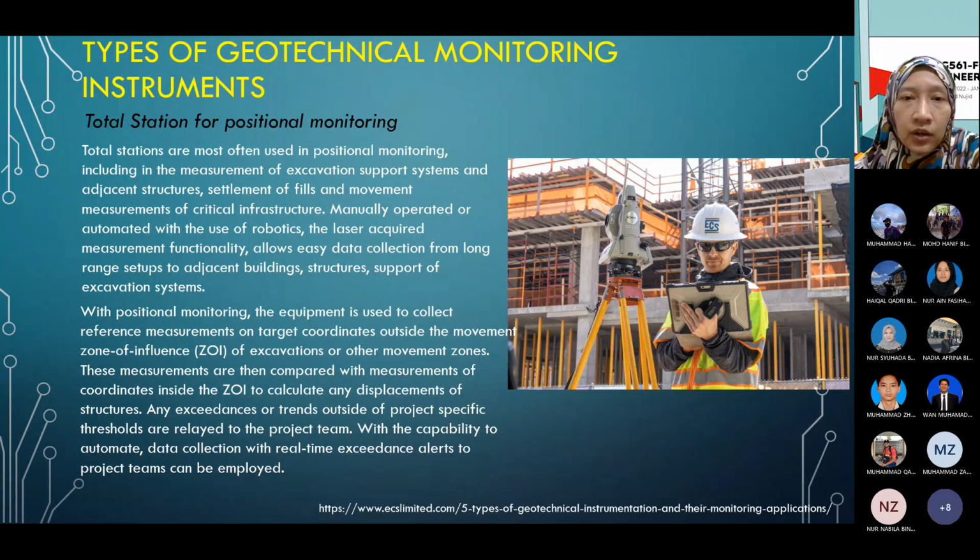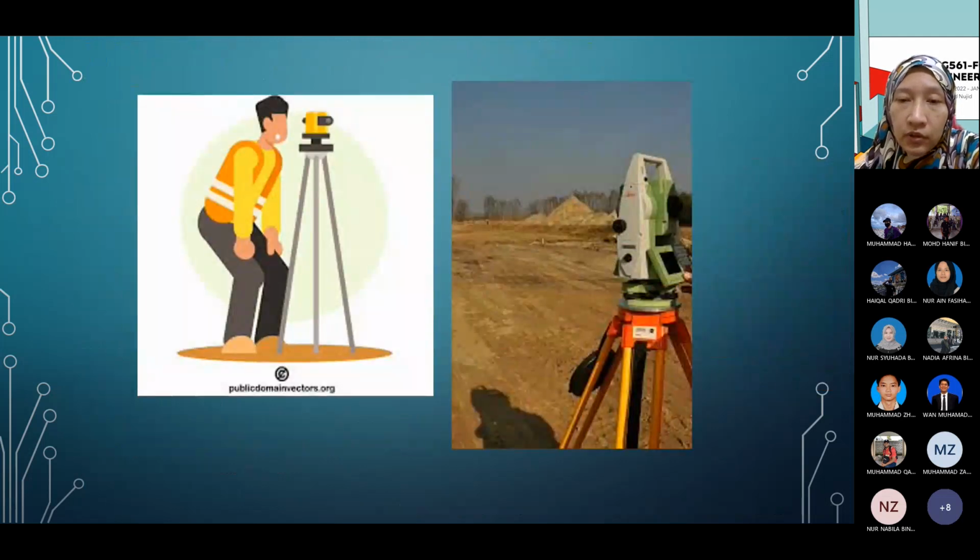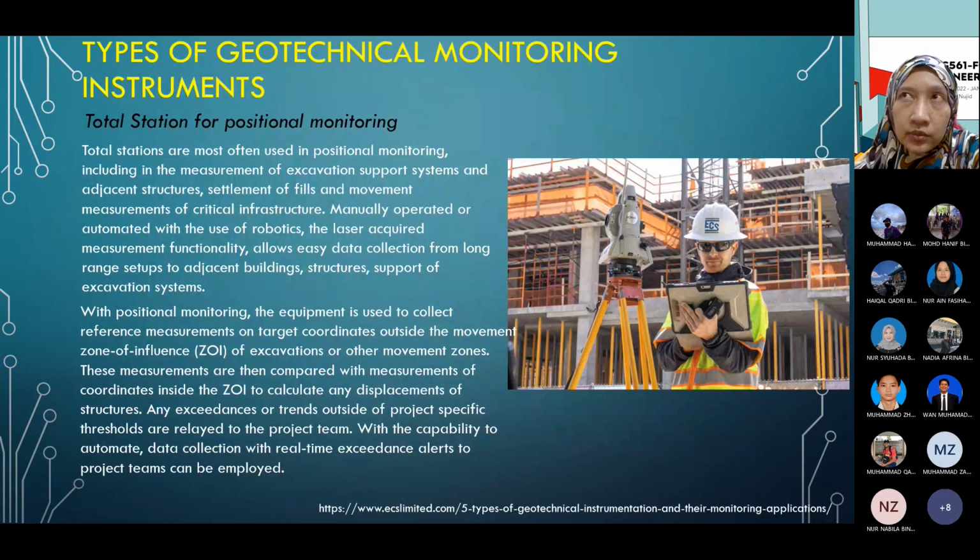So we don't have so many workers to work on, just use the digital one. It can display to you the length of the adjacent building, and only one person may be required to record the data. If we compare with the manual way, the data can be collected by having some group members.